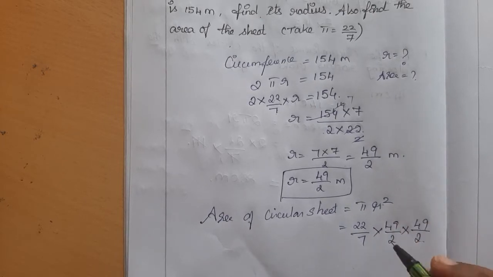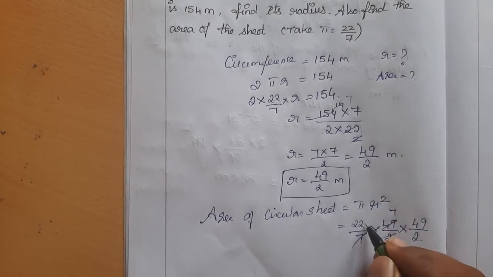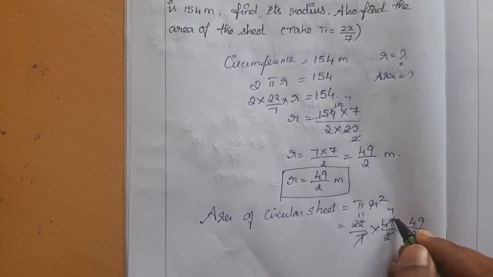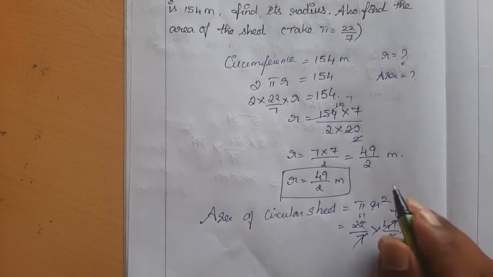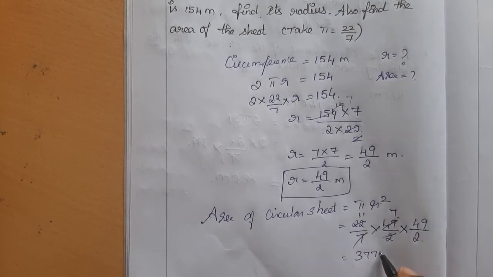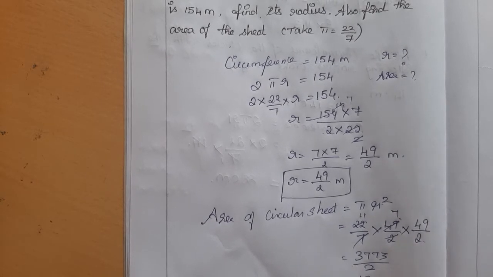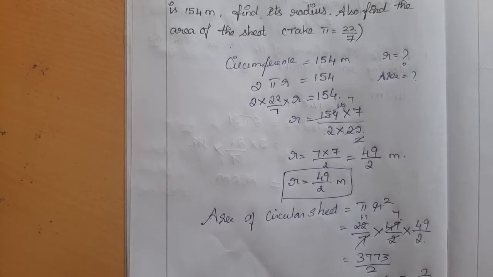It's like in the previous problem. 7 times 11 times 11 into 7 is 77. 77 into 49. In the previous problem we found it as 3773 divided by 2, which is equal to 1886.5 meter square, right? This is the area of the circular sheet.